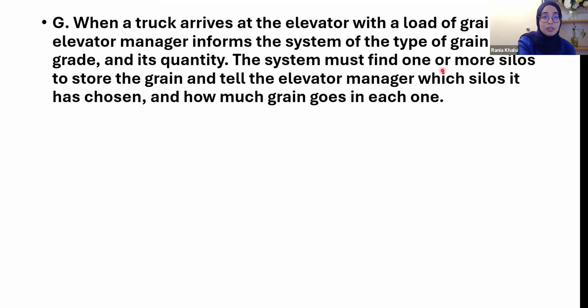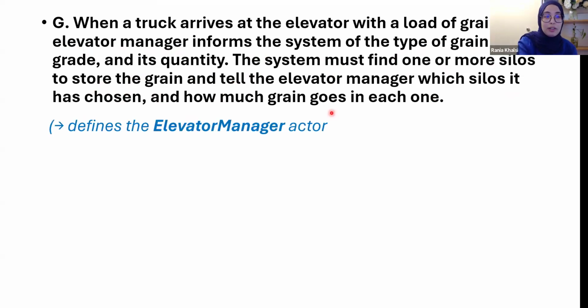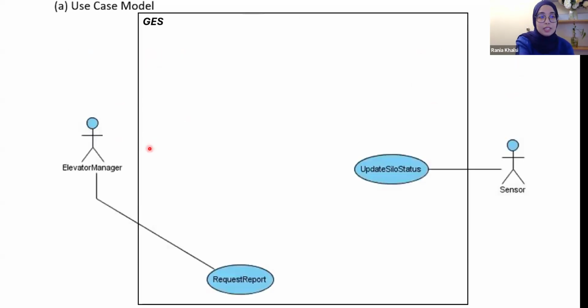The system must find one or more silos to store the grain and tell the elevator manager which silos it has chosen and how much grain goes in each one. So from this paragraph, first of all, we can define the elevator manager actor, and this elevator manager actor is the one mainly who has access to the system and in particular to the report maybe, okay?